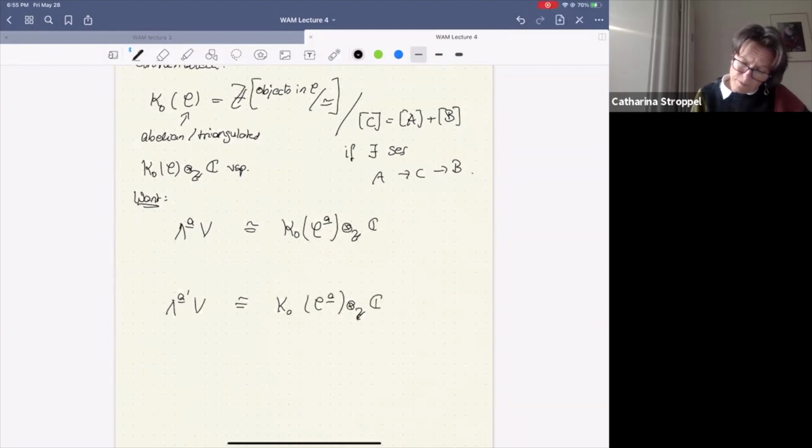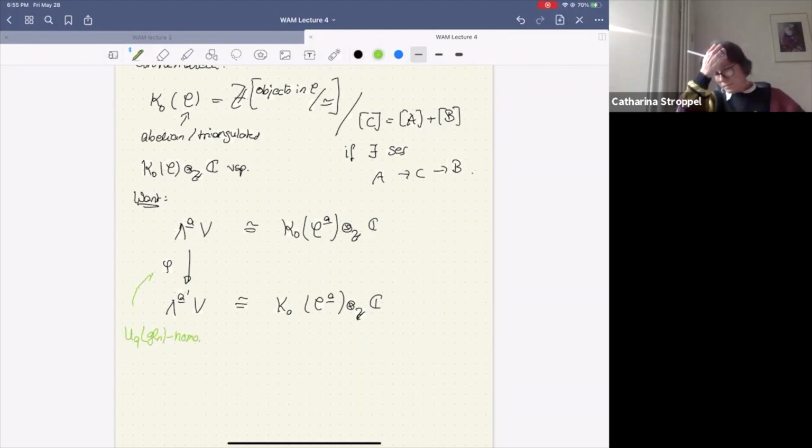And I want to make them compatible, or fit them together, such that whenever I have a map here, phi, which is a U_q gl_N homomorphism, like coming from, for instance, such a tangle, then I would like to have an induced map here such that the diagram commutes.